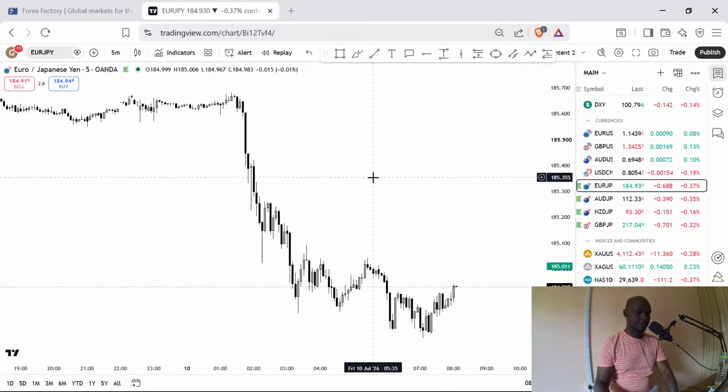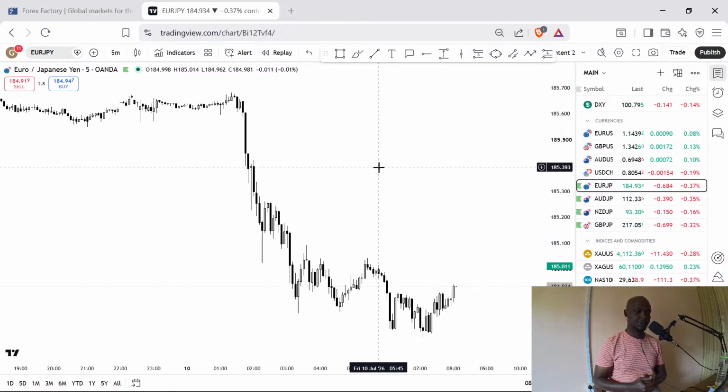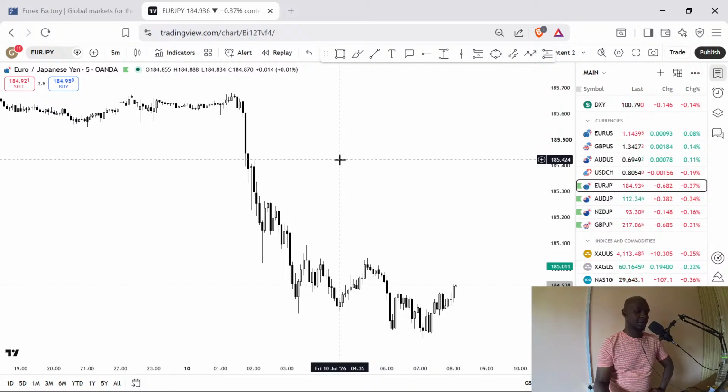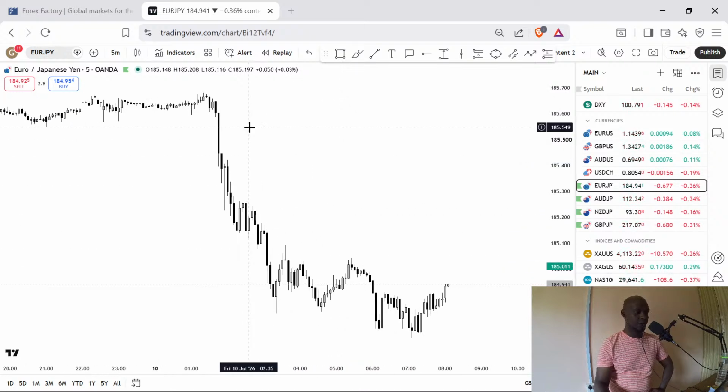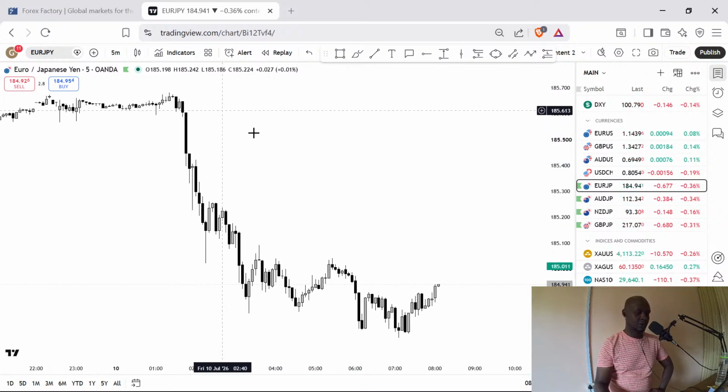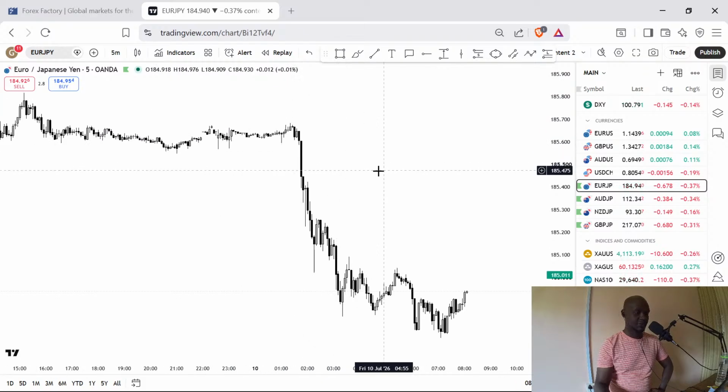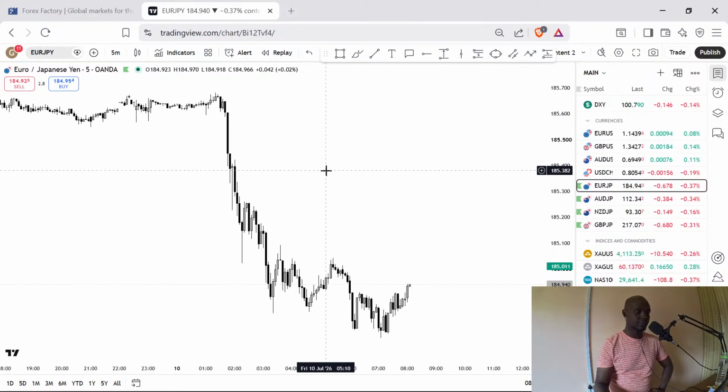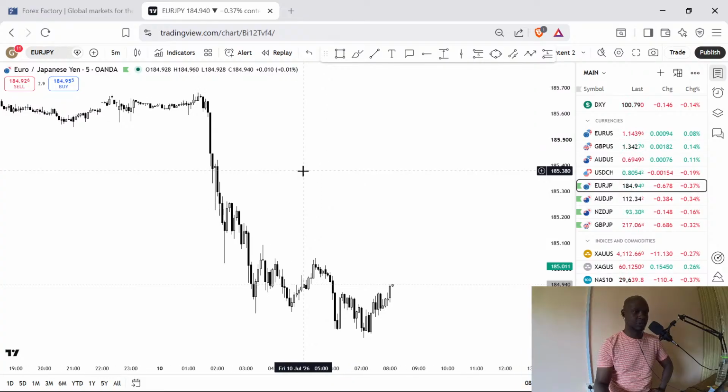From what I'm seeing on the yen pairs, such as Euro JPY, Aussie JPY, New Zealand JPY and Pound JPY, I can see some signs of weakness in the yen. So with Euro JPY, I'm looking for longs, and I'm going to give you a breakdown of why I have a long bias for the London session for today.